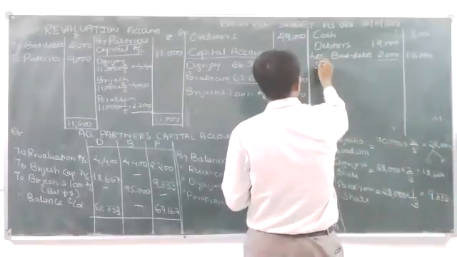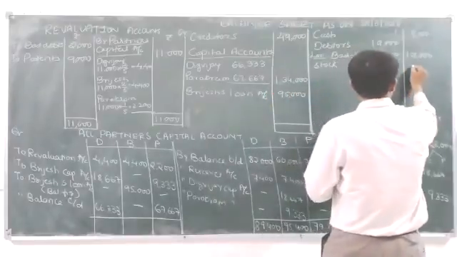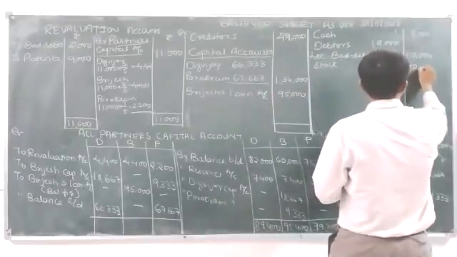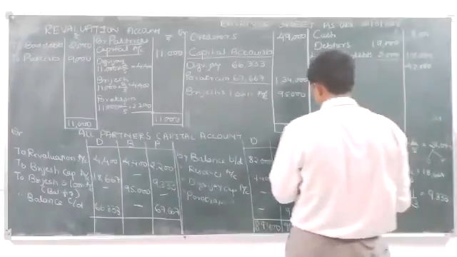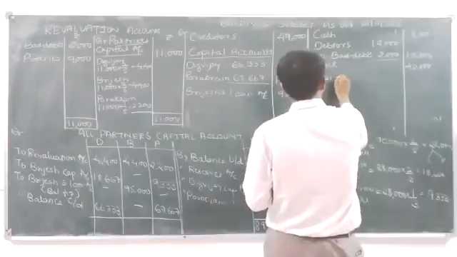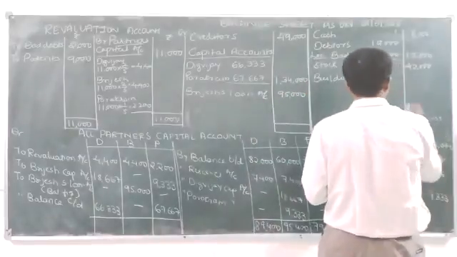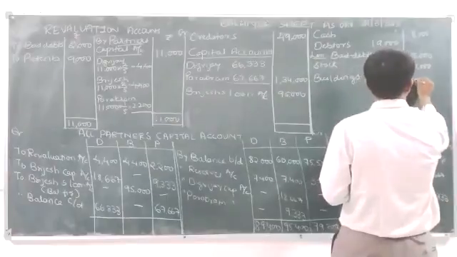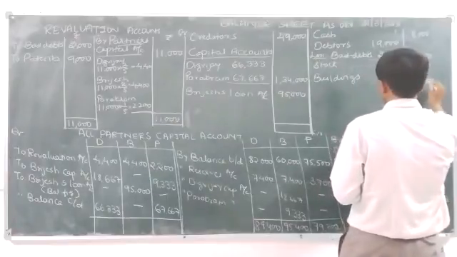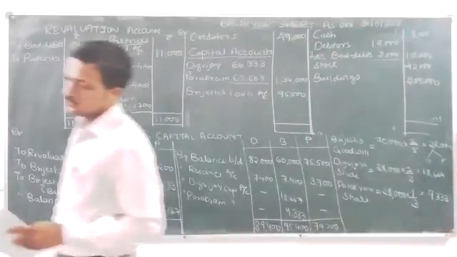Then stock 42,000. Next is buildings, 2,07,000. So can you let me know the total?